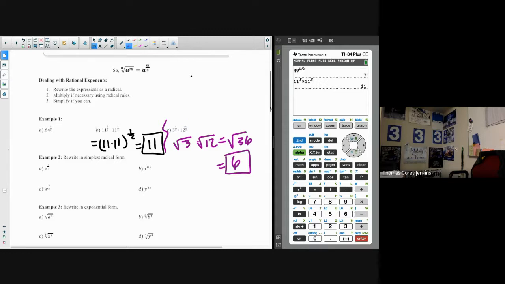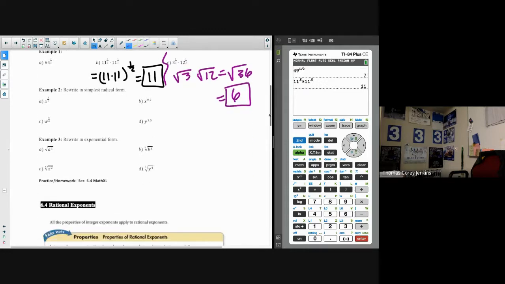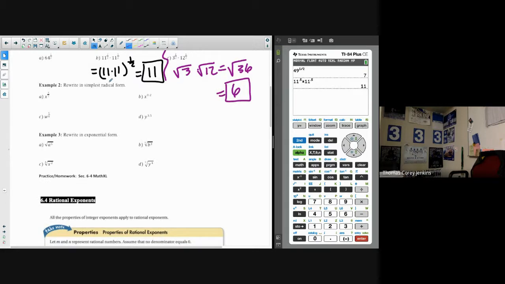Okay. All right, example 2 wants us to convert to simplest radical form. So we're going to rewrite these using a radical. What you have to know is that this says x to the power of 3 over 7.